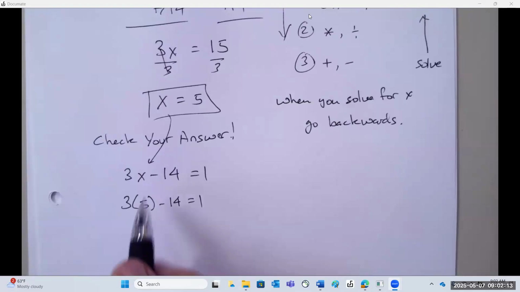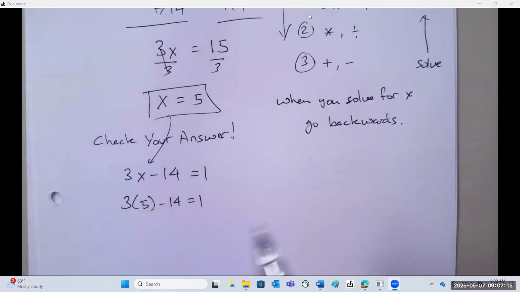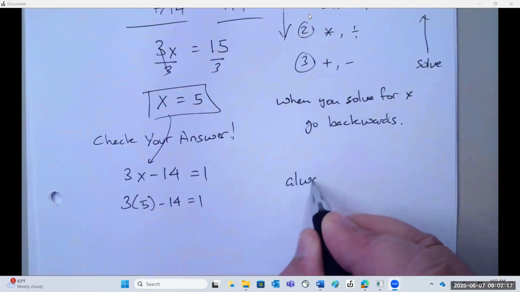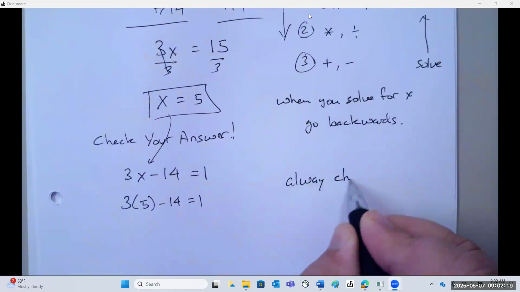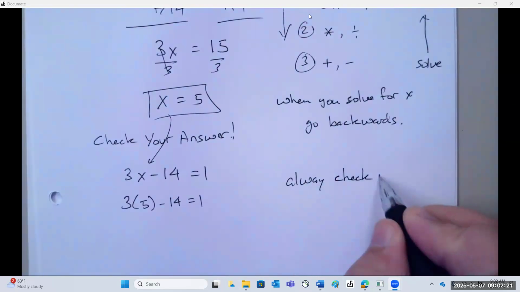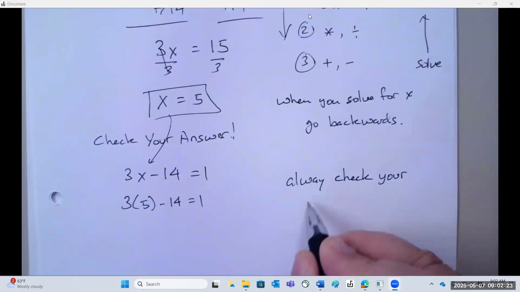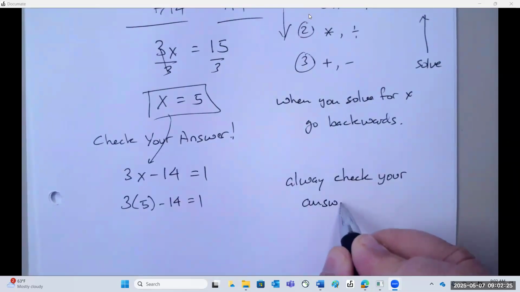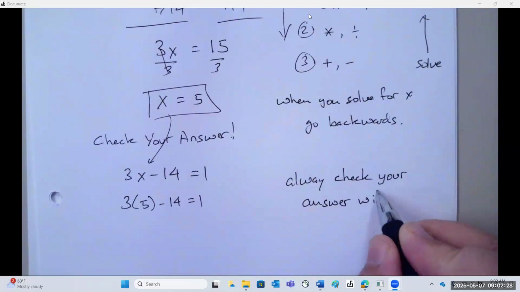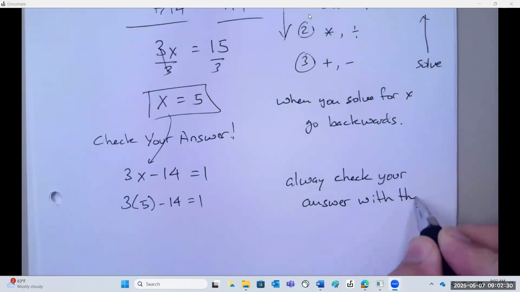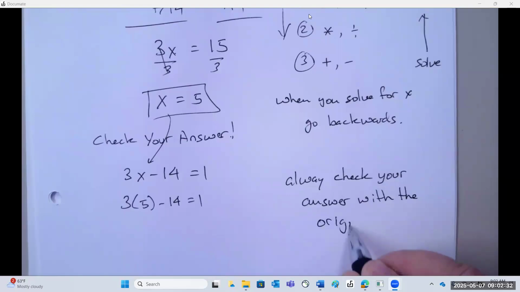And then plug it back in the original equation. Always check your answer with the original equation.